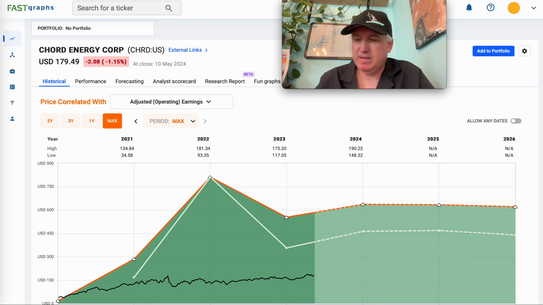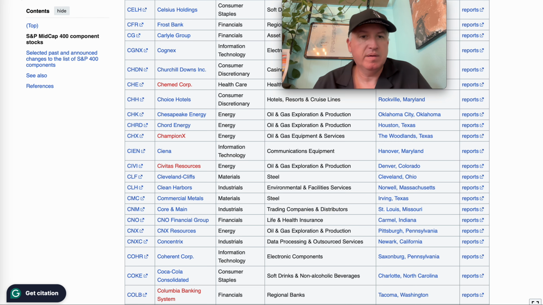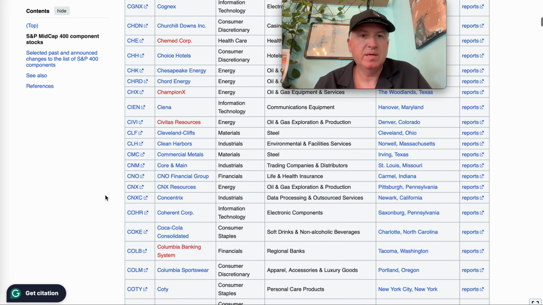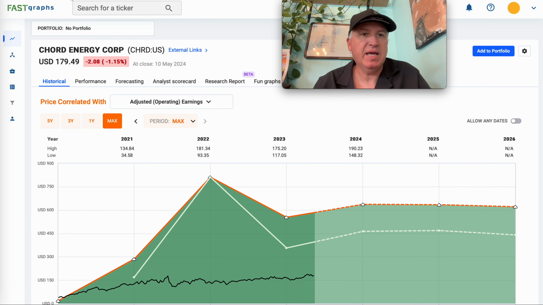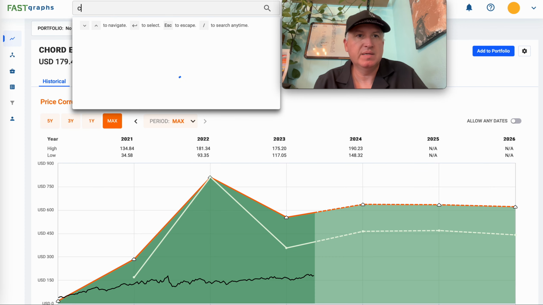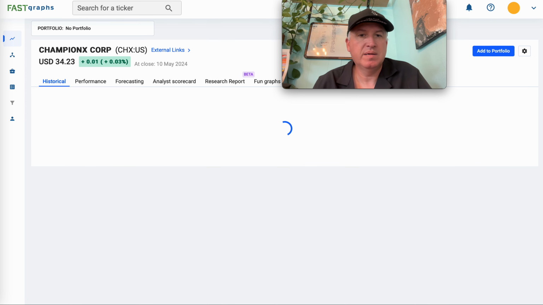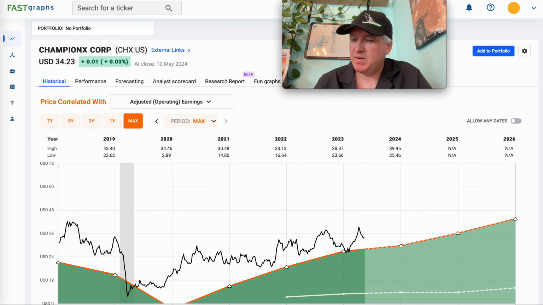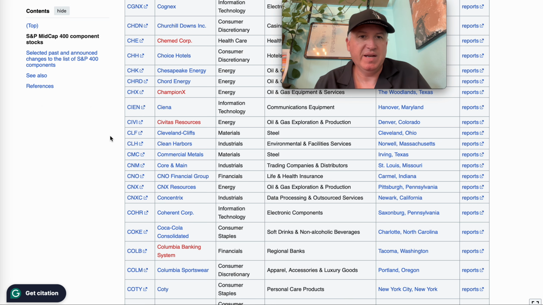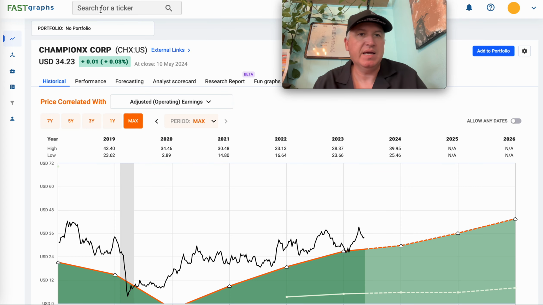Okay, and there's not enough data there. All right. Champion X, CHX. Not enough data for that one either. Now we're getting more into what I'm used to seeing in mid-caps. CIEN.